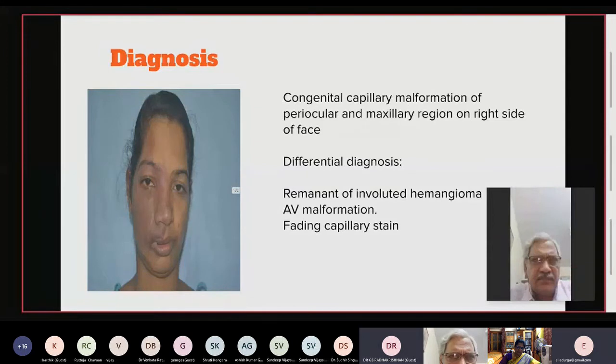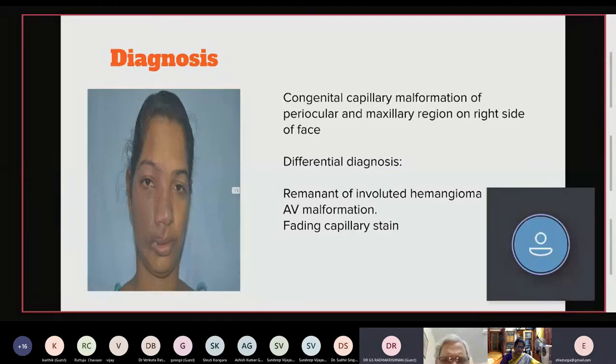So why did you choose pulsed dye laser for this patient? There are so many lasers. Why not CO2? Pulsed dye laser wavelength is more receptive to oxyhemoglobin and deoxyhemoglobin.